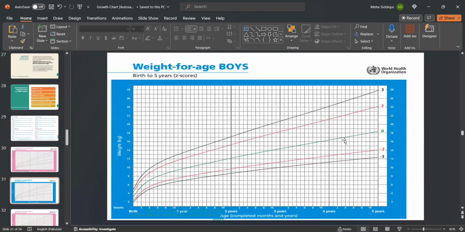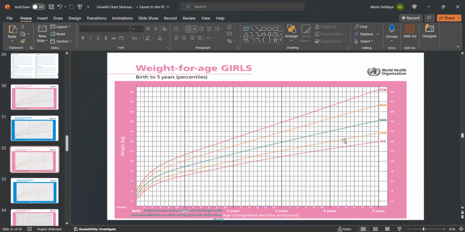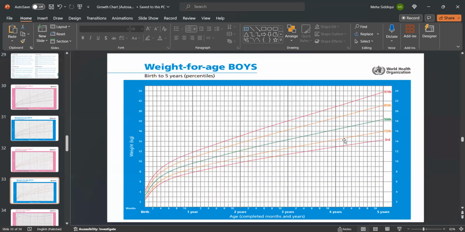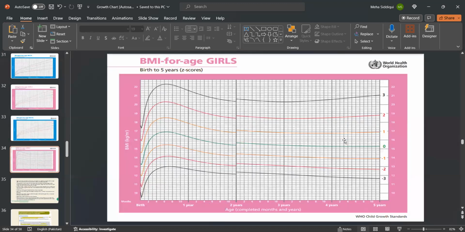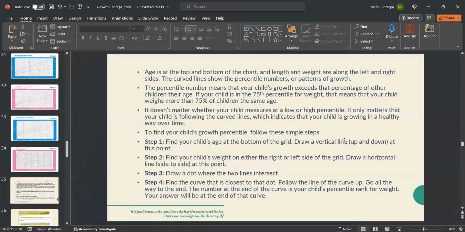This is for boys. And this is for weight for age. That is, it is denoting weight for age, and it is for girls. And this is representing weight for age for boys. So this is representing BMI for age for girls.